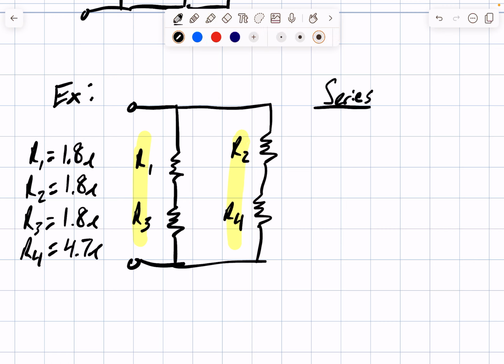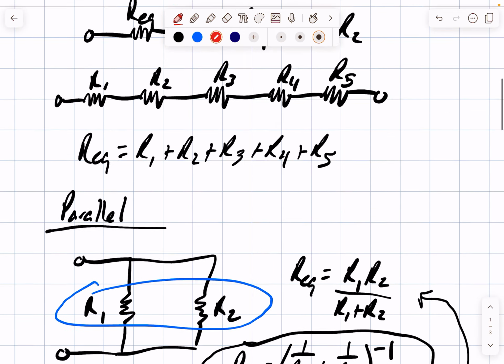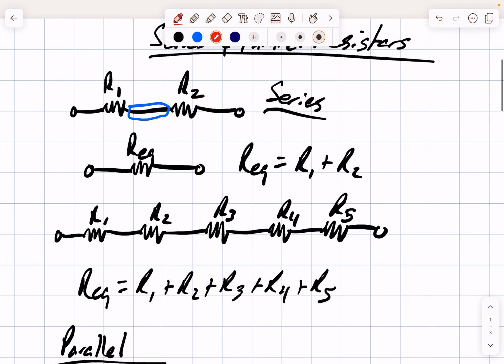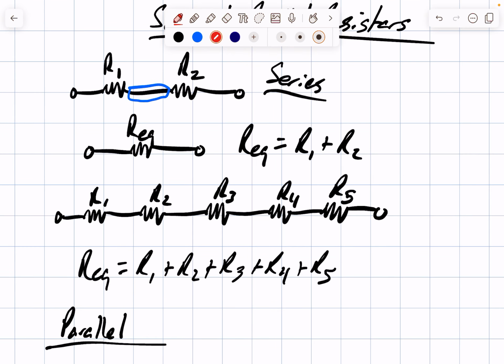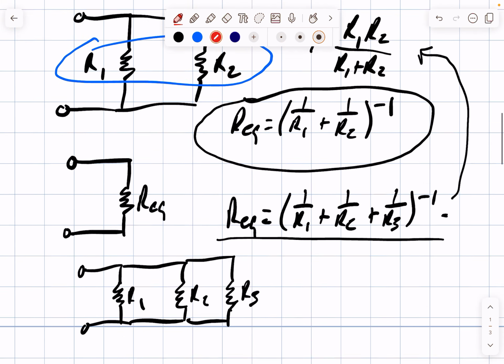Okay, so now I'll write this in red. So now we can say R13, because we're combining resistors R1 and R3 in series, is equal to R1 plus R3. And I got this equation here from above, from this example, where we said the equivalent resistance, or REQ, is equal to the resistors in series, which is R1 and R2 in this example above.